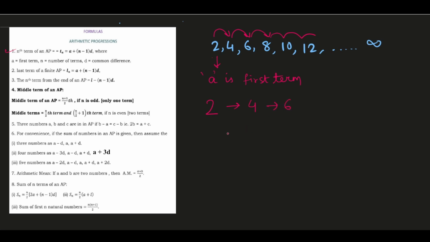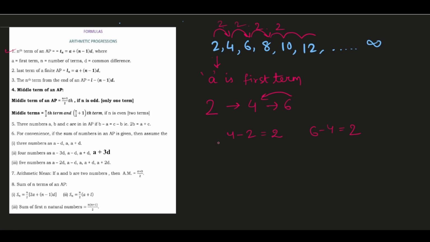When we subtract 4 and 2 we get 2, right? Then when we subtract 6 minus 4, we also get 2. You can check for 8 and 6 also, it's 2. You can check for 10 and 8, again it's 2. 10 minus 8, 8 minus 6, 6 minus 4, 4 minus 2, everything will come to 2 only.